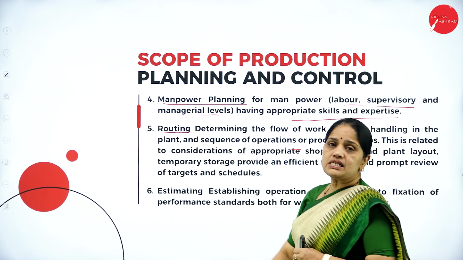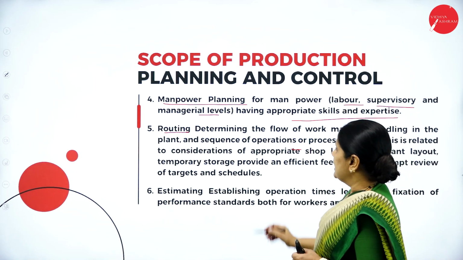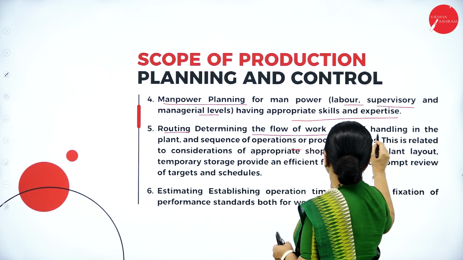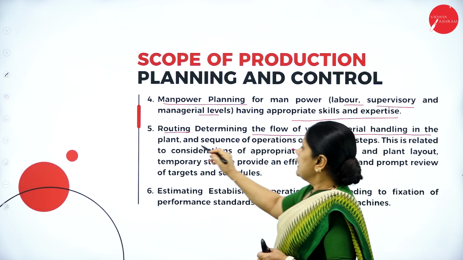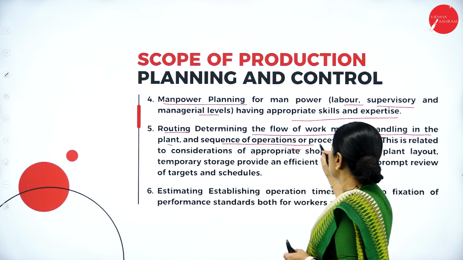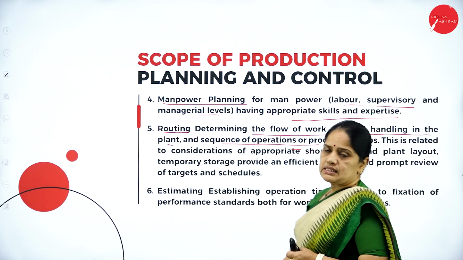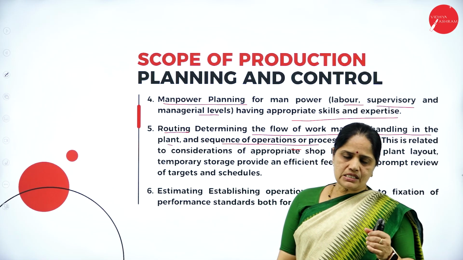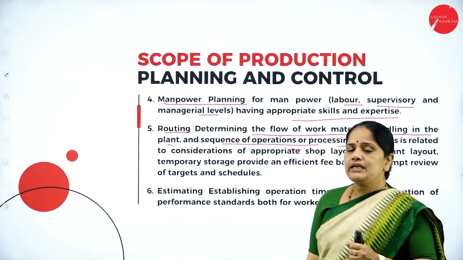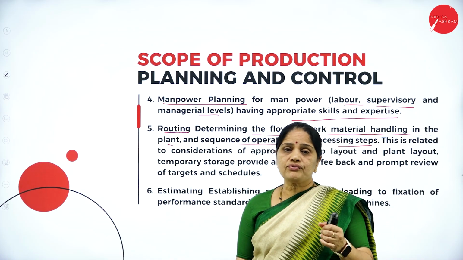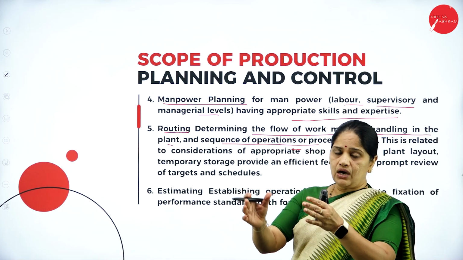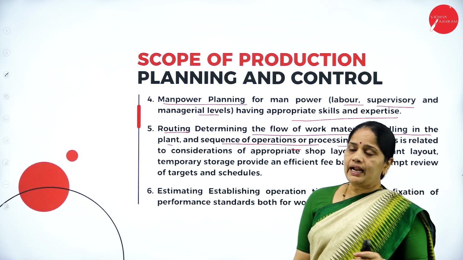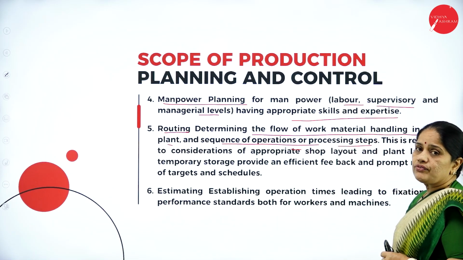Then next one is routing. Now what is routing? Determining the flow of work material handling in the plant and the sequence of operations or the processing steps. In this routing aspect, we will be determining how the raw materials will flow, and also the sequence of operations.